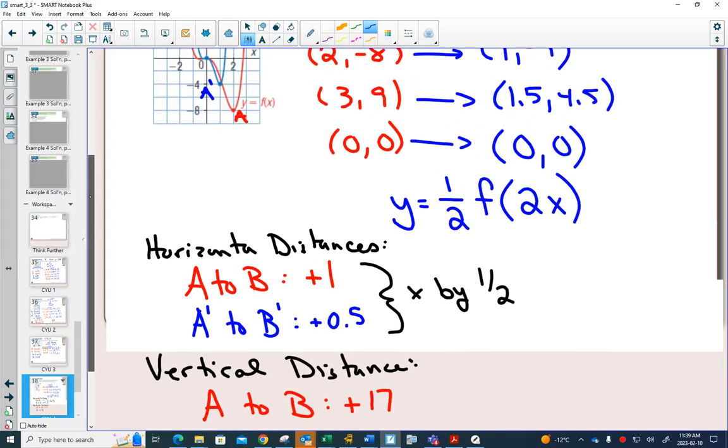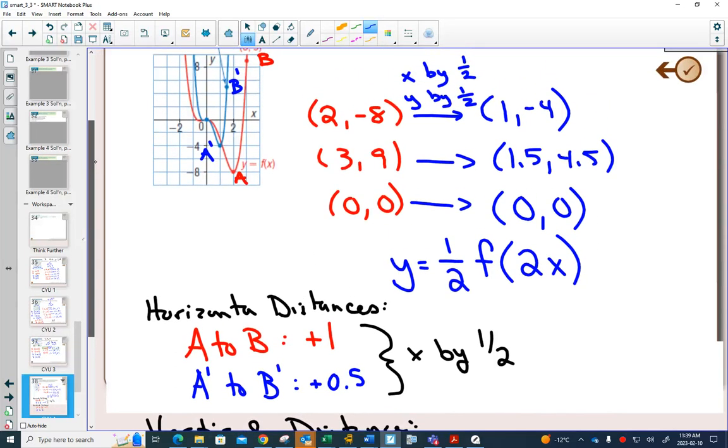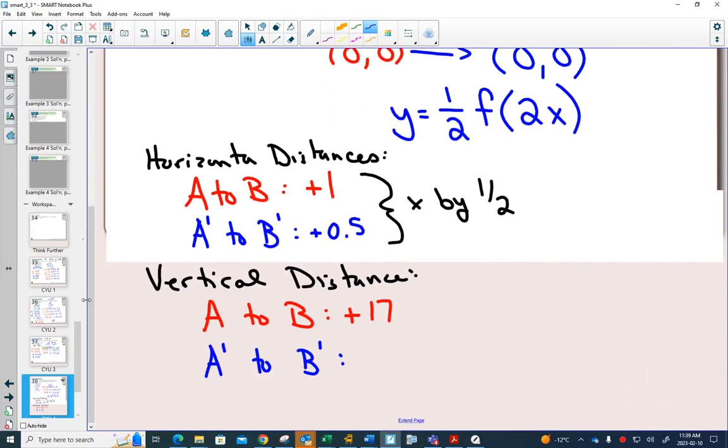My y value at A prime is -4. At B prime, it's at 4.5. We have gone up 8.5. What would I have to multiply to go from 17 to 8.5? Again, y by half.